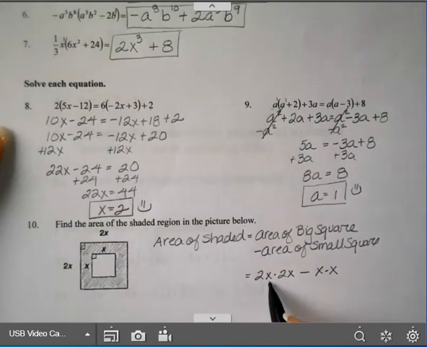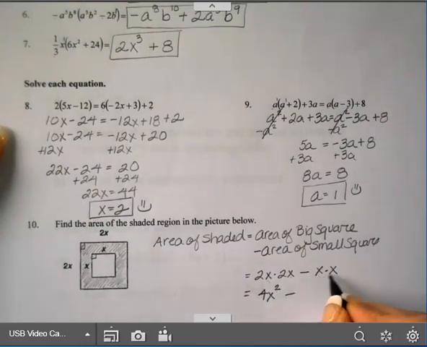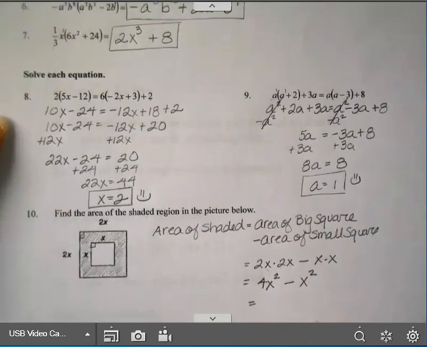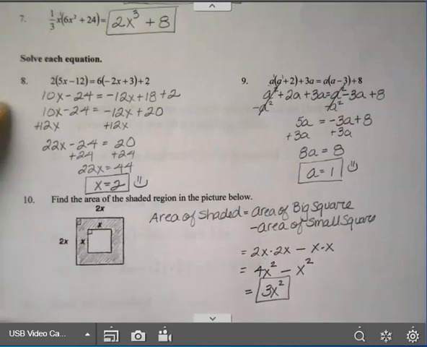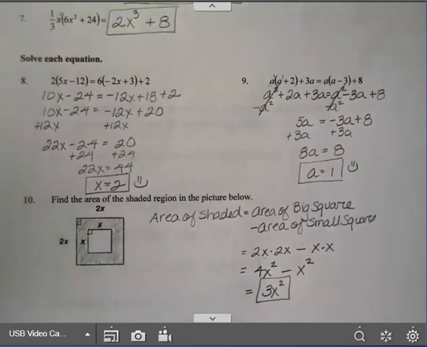So this is the big, and this is the small. So the area of the big square is 4, 2 times 2, x times x gives you x squared, and the area of the small square is just going to be x squared. And when I combine those, 4x squared minus 1x squared, I get 3x squared. This will complete our notes.